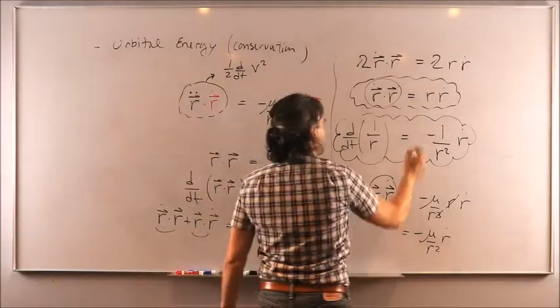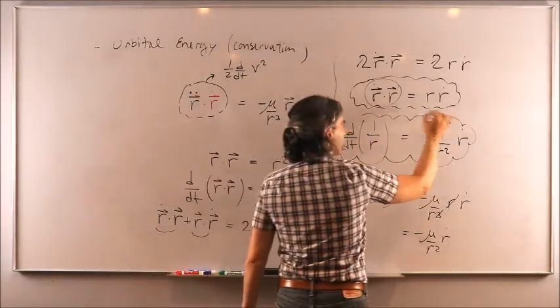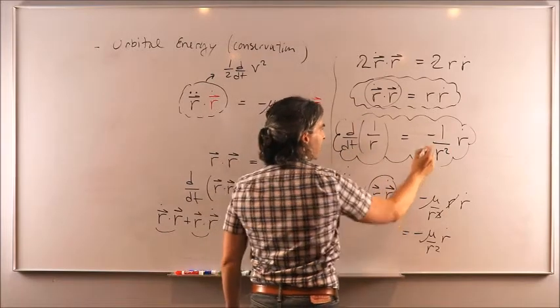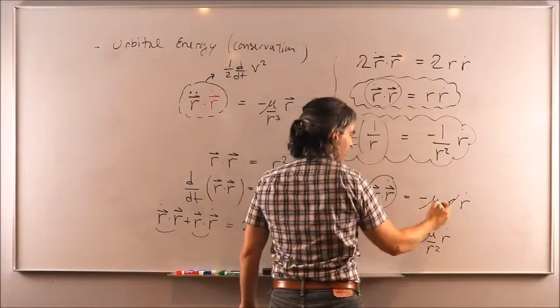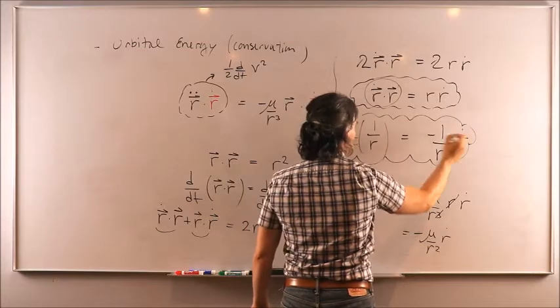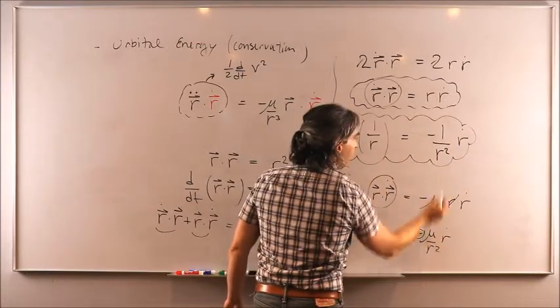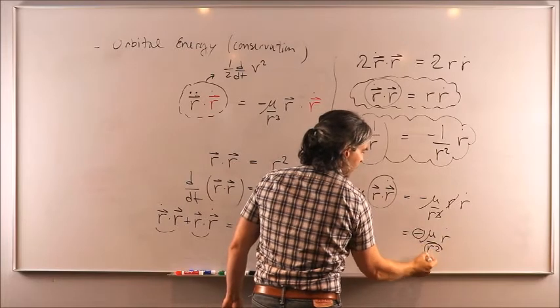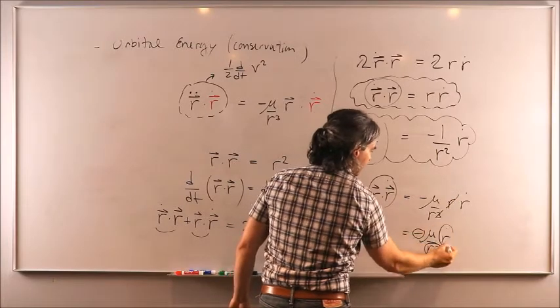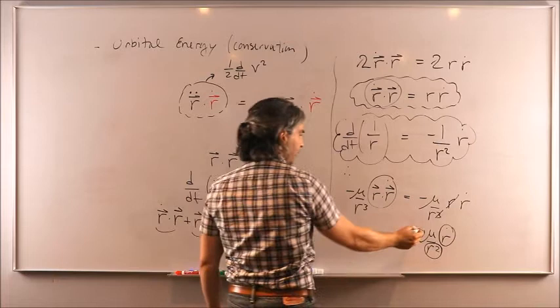And look what we have from this other intermediate result we have just gotten previously. We have minus 1 over r squared times r dot. That's exactly what we have. The only difference is the factor mu.